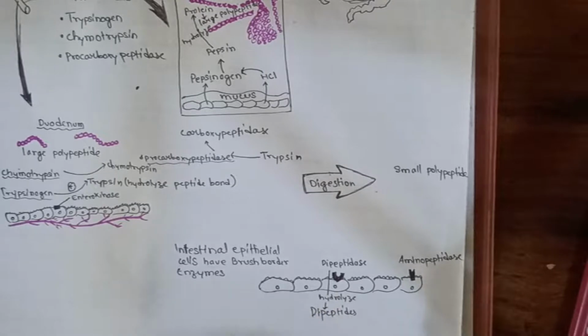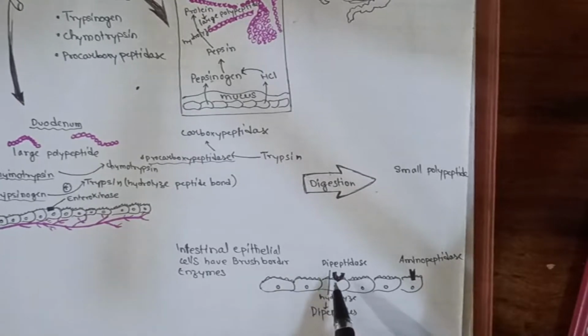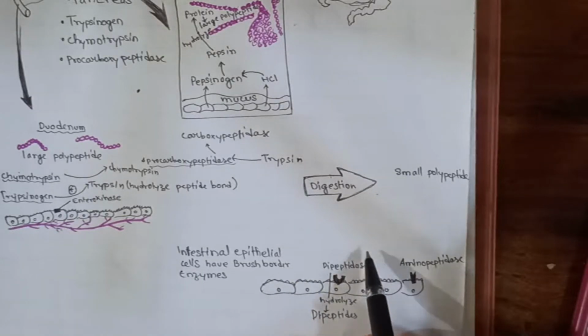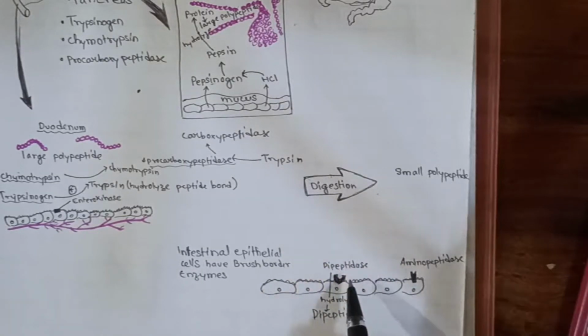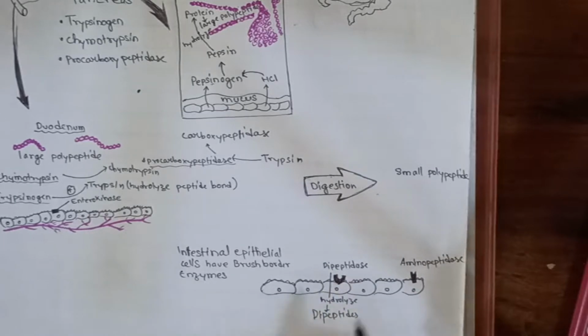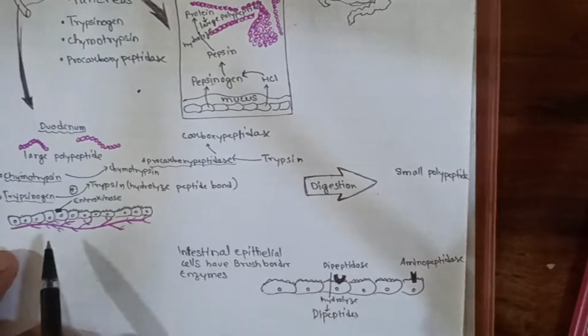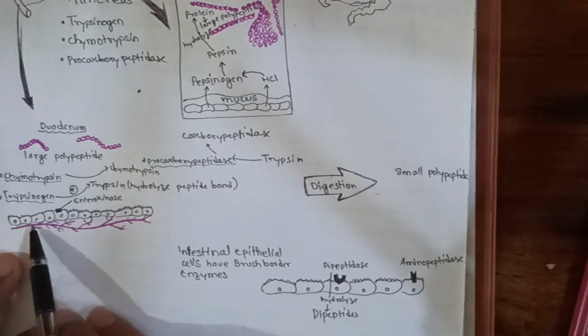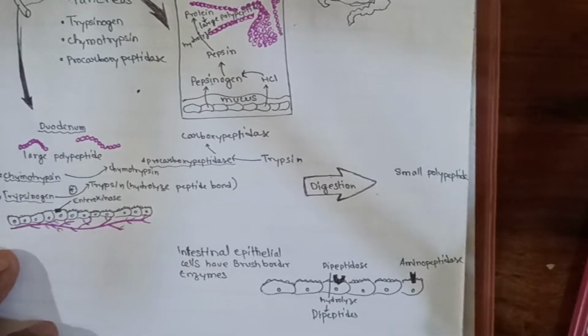There are enzymes like dipeptidase, which hydrolyzes dipeptides. Okay, so later on this will break down the small polypeptides, and later on they will be absorbed, and small amino acids will be transferred to the bloodstream.